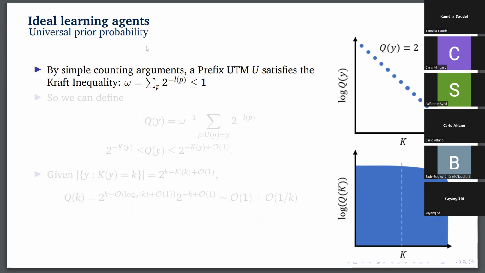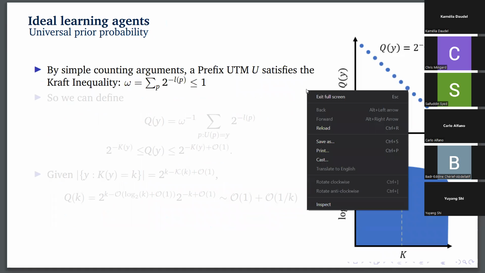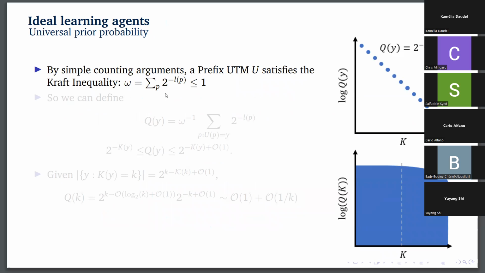So, another test we can use, looking at it the other way around: rather than generating random strings and then asking what their Kolmogorov complexity is, we can take one of these prefix Turing machines and generate programs, and then ask what is the probability of getting a Kolmogorov complexity based on this process.